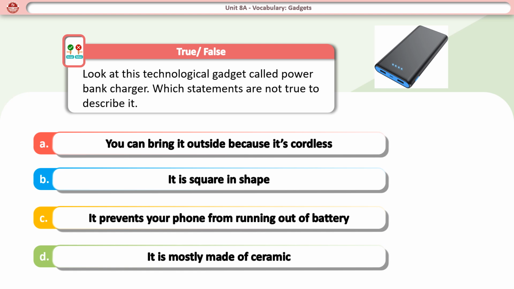Let's have a look at some statements A to D, and you will decide whether these statements are true or false. We have statement A. You can bring it outside because it's cordless. Statement B. It is square in shape. Statement C. It prevents your phone from running out of battery. And statement D. It is mostly made of ceramic. Try to put in your answer right now.